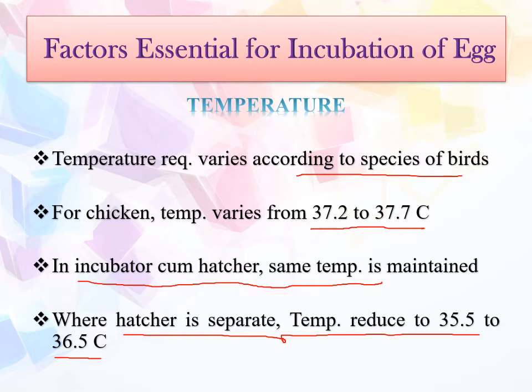In large hatcheries they will have separate incubator and hatcher, but whenever the hatchery is very small scale and the incubator itself works as hatcher also, then for all 21 days the eggs are put into the incubator cum hatcher. So at this time the temperature should be maintained at 37.2 to 37.7 degrees centigrade for all 21 days.